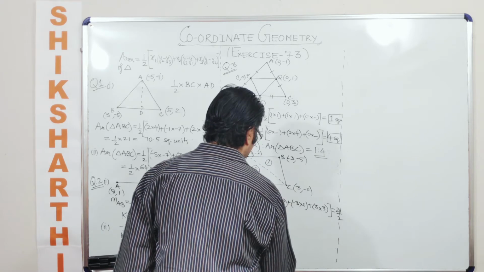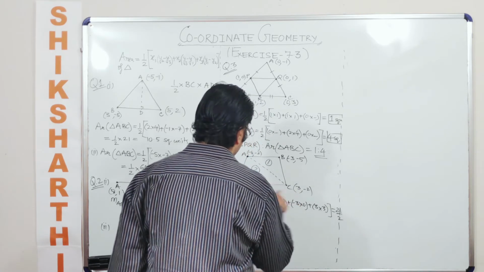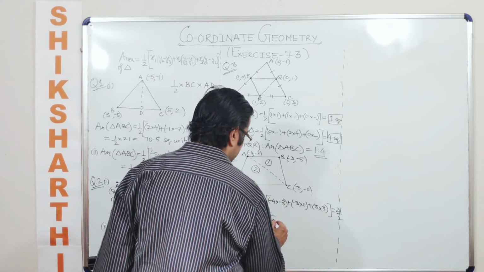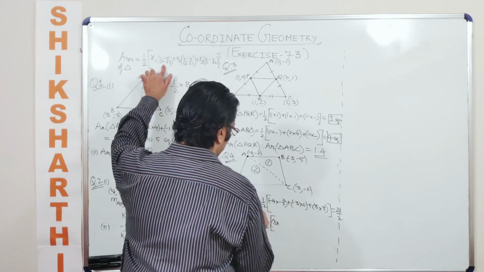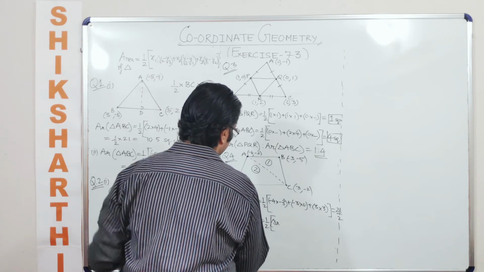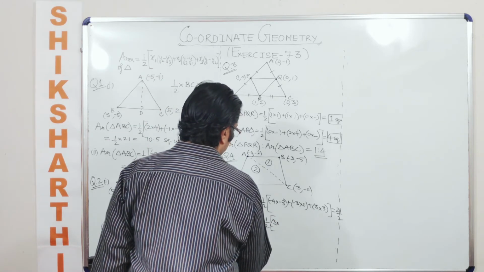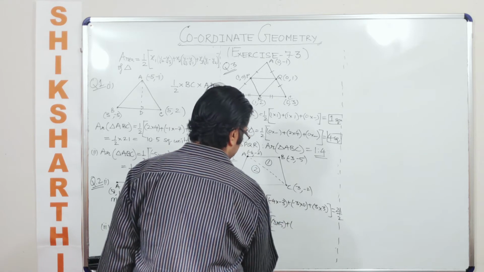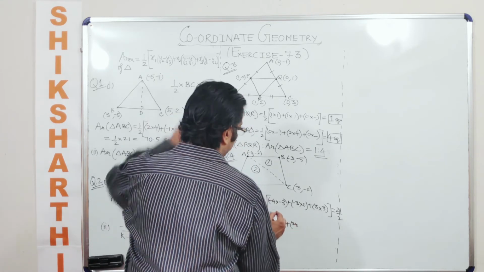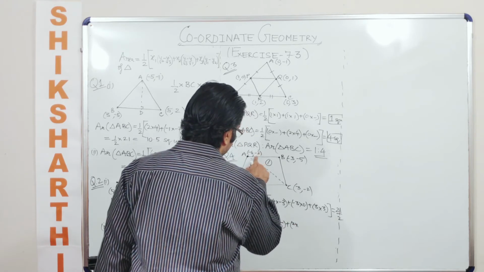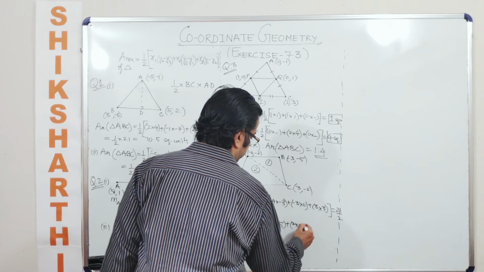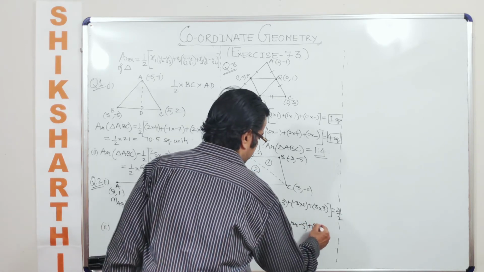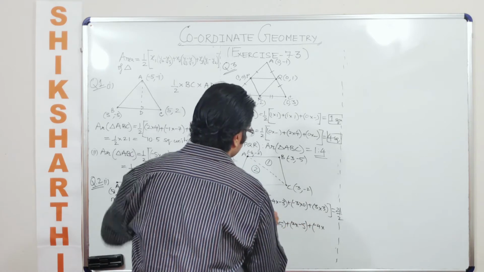Let's find out this area as well. So this is half into x1, x2, x3. So x1 is 3 into y2 minus y3, which is 5, plus x2, which is 2, into y3 minus y1. So y3 minus y1 is -5, plus x3, which is -4, multiplied with y1 minus y2.